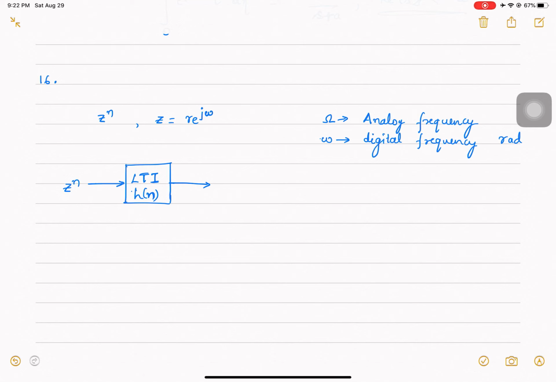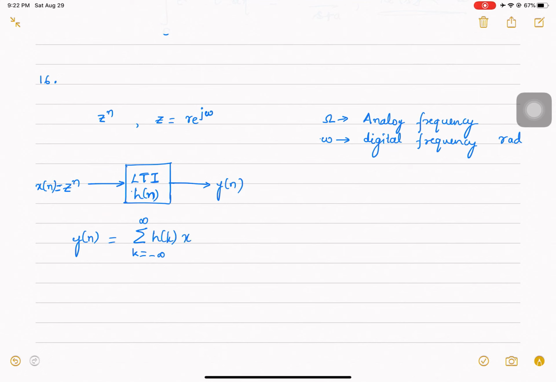Okay, so we know the input output relation. If this is the input, let y of n be the output, and we know that for an LTI system the input output relation is given by the convolution sum relation. I'm going to use h of k and x of n minus k, right?